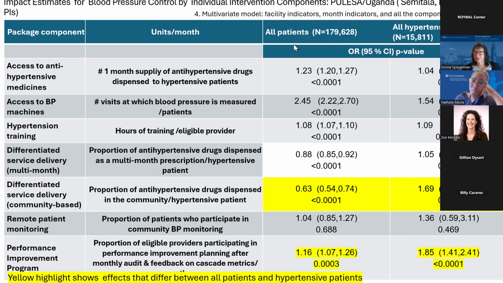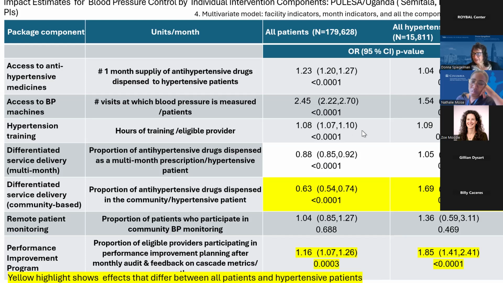And then we can see among all patients, where we now have 180,000 visits here, and the hypertensive patients, where we have 16,000, that we have a strong effect overall of giving the medication, and a weak effect in the hypertensive patients. We had a very strong effect of screening. This is on blood pressure control in both all patients and hypertensive patients.